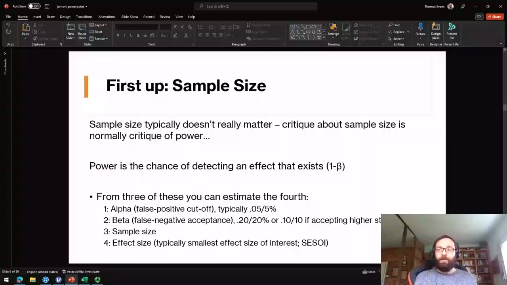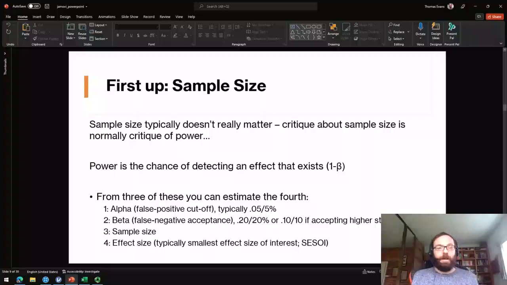So our alpha here is our false positive cutoff, often considered your p-value cutoff, so typically 0.05. Our beta is our acceptance of false negatives. Now false negatives are seen to be 4 times less bad than false positives, so 0.05 times by 4 is 0.2 or 80%.